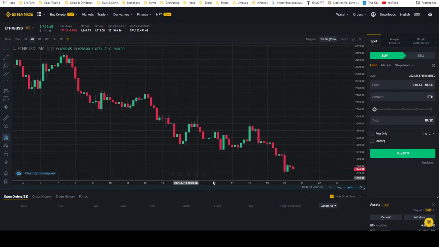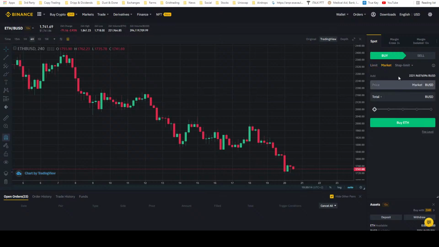Ethereum, BUSD. My first trade is going to be $10 and I open it at the market price. Go. We can just say buy ETH. As you see, my ETH has been bought, and we bought it at 1740.45.